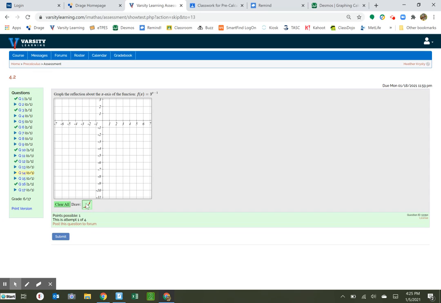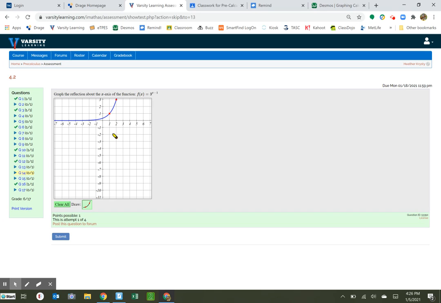So I'm going to start with 3 to the x, which would normally be that, right? Now this minus 1 is going to shift the whole graph horizontally in the opposite direction. So it's going to shift the whole graph 1 unit to the right. So each of these are going to go 1 unit to the right.